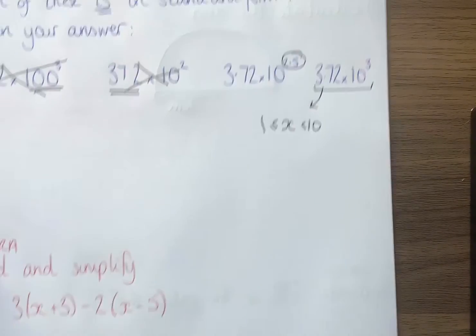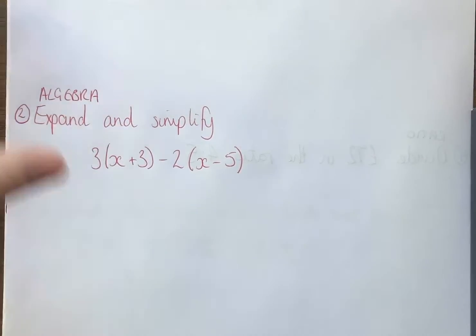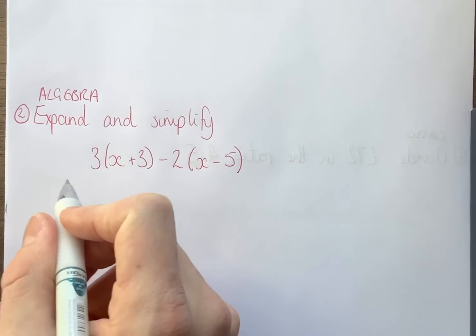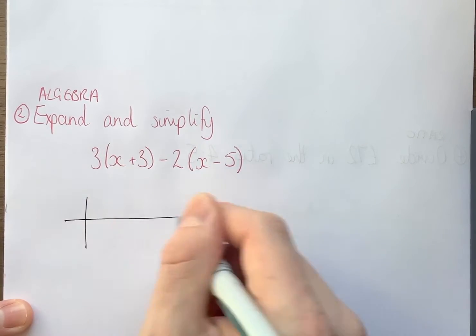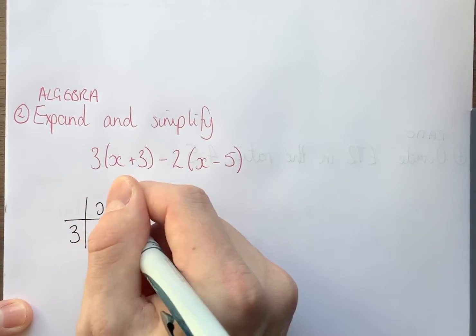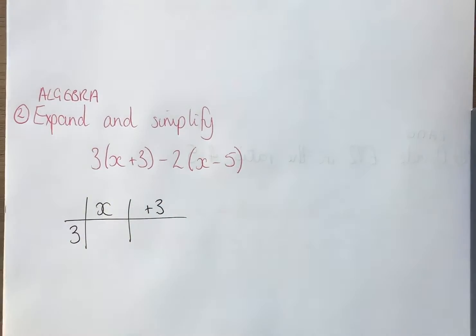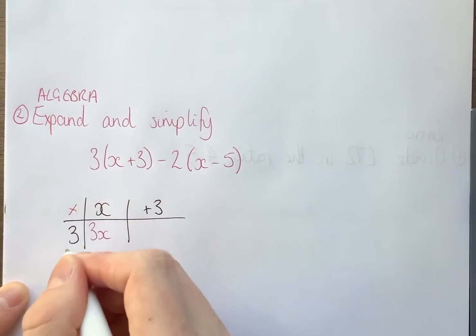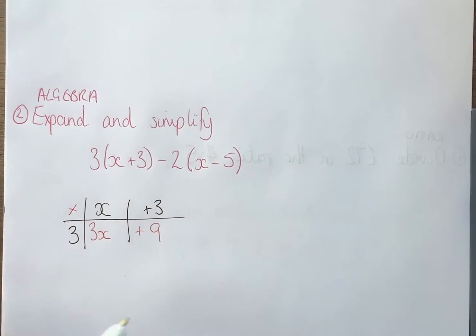Okay, question 2, algebra question now. So same again, give it a pause and give it a go. Okay, when you're expanding and simplifying these, I would do it as two separate things. So the first one, 3(x + 3), and then I'm going to expand that, and I've got 3x, because I've done 3 times x, 3 times 3, so 9.